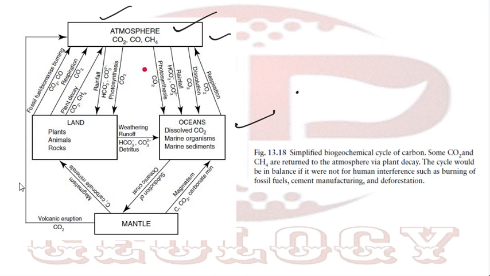First and foremost is photosynthesis. In this main process, plants use carbon dioxide from the atmosphere. So from the atmosphere it comes to the land and ocean through plants. Then acid rainfall, where the carbon dioxide mixes with water to form bicarbonate ion, then it falls on the ocean or land.